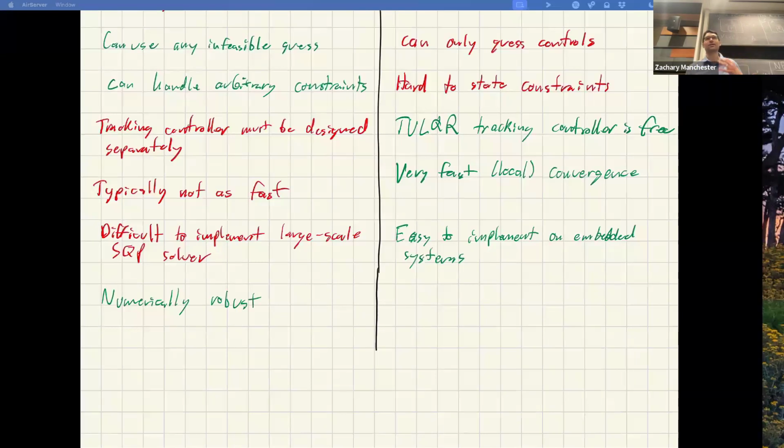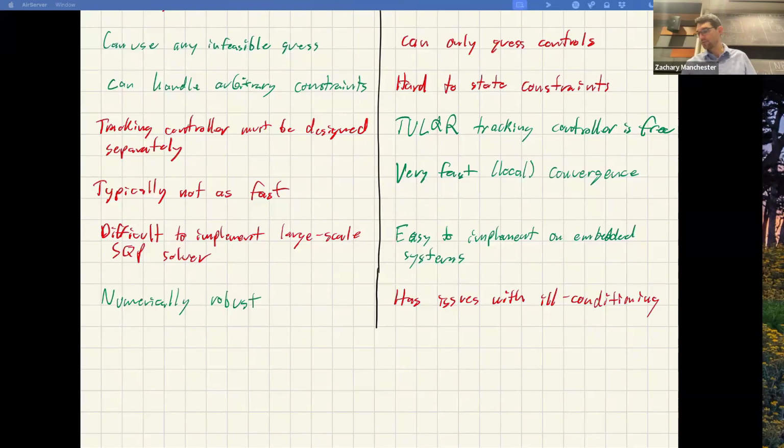You might have to do a lot of tuning to make sure it doesn't blow up on you. In particular, these DDPs can have issues with ill conditioning, especially if you are trying to handle state constraints via penalties or something like that. That can get nasty pretty quickly. So if you've got lots of state constraints that you really care about, you're probably better off doing an SQP approach, or at least it'll be more straightforward to implement.